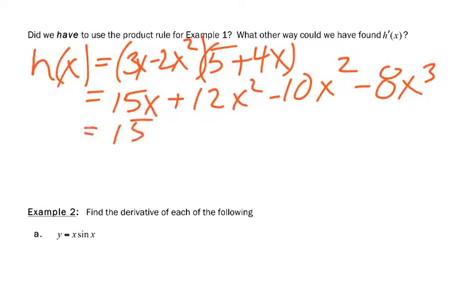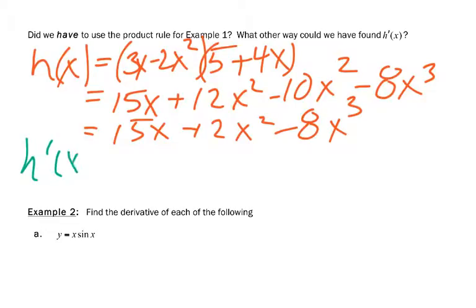Combining like terms, 15x plus 2x squared minus 8x cubed. All right, like we did today, let's find the derivative using the sum and difference rules. The derivative of 15x is just 15. The derivative of, let's see, that was a positive 2x squared, would be 4x.